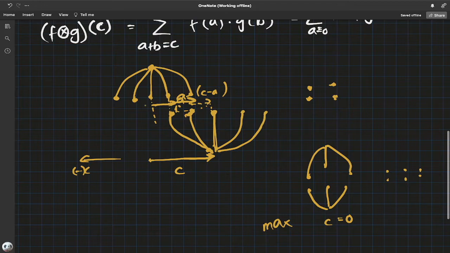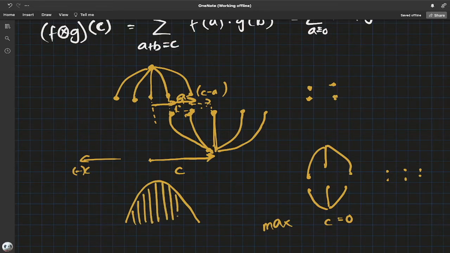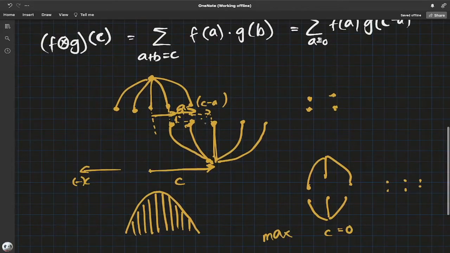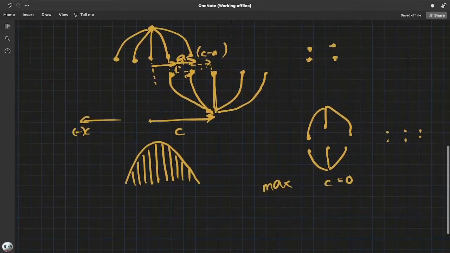And then when it gets closer, the second last and last match with the first and second, as C tends towards 0. And this increases until you reach 0, where you get the maximum, and then it again decreases. So you get something like this in terms of the convolution value. Okay, so this is the overlap representation of what is going on.